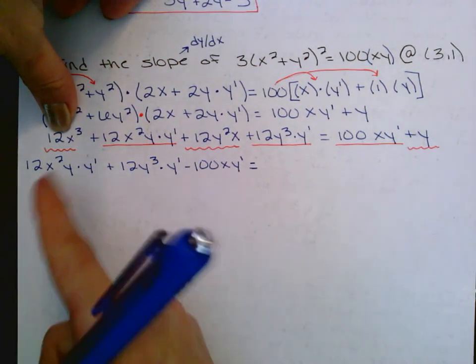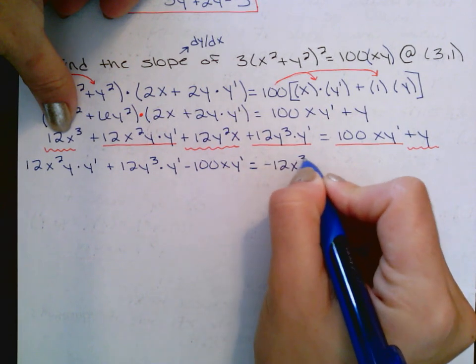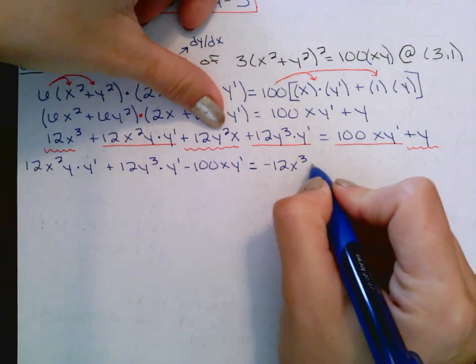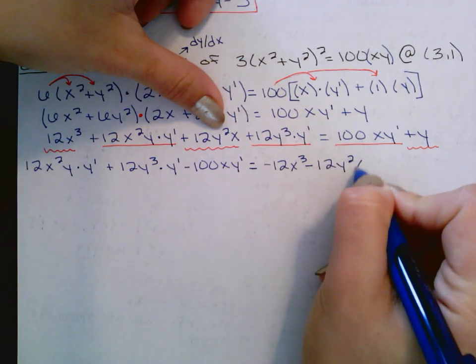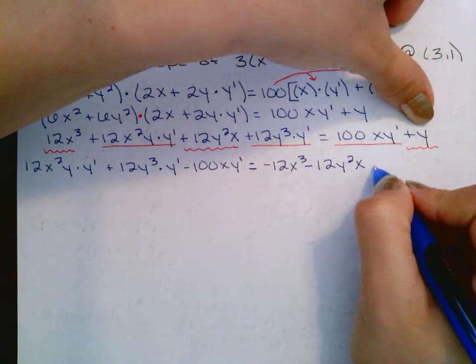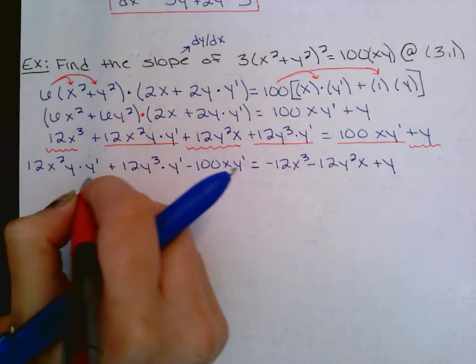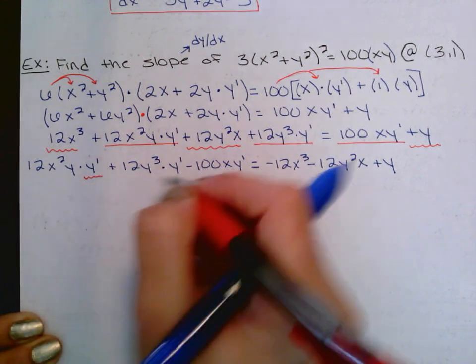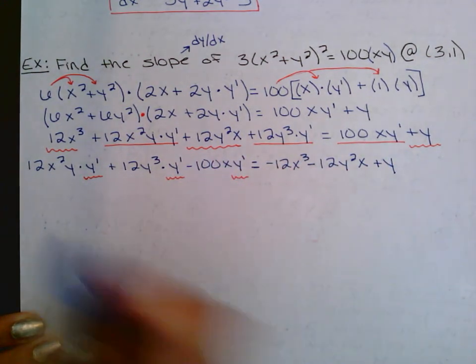It's currently on the left. I have to move it to the right, so I have to subtract. It's currently on the left, so I have to subtract it to the right. And this one is already on the right side, so I'm just going to rewrite it. Okay? So now I have my y prime, and my y prime, which I'm going to factor out.